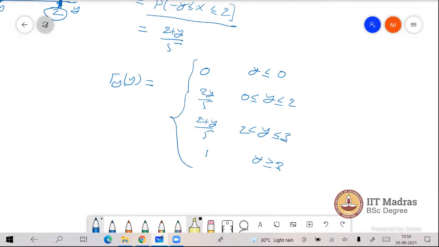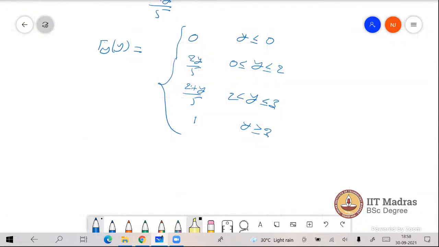Can you check whether it is valid or not? Is it a valid CDF or not? How will you check? First, it should sum to 1.